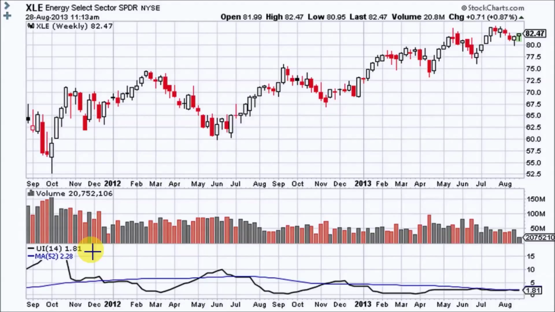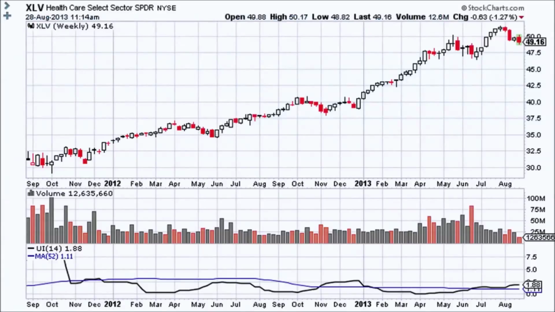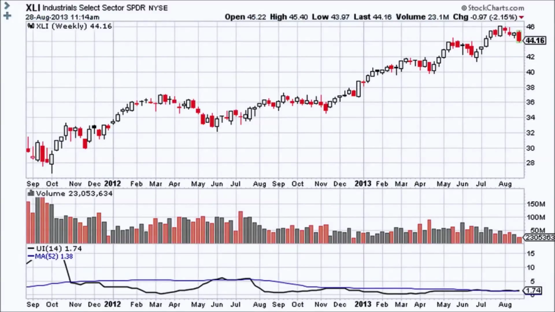If you're interested in investing in ETFs, what you do is you run through these. XLE at 1.81, XLV at 1.88, XLI at 1.74. So far that's the winner, the industrial sector.